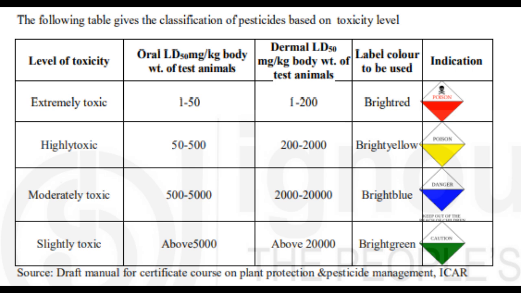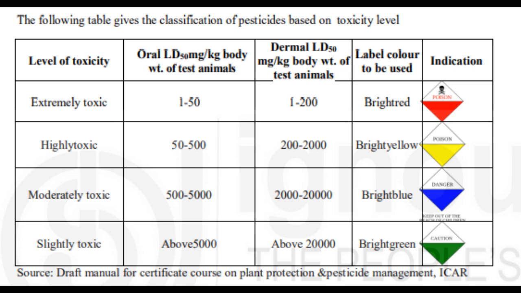Natural organics in pesticides are compounds derived from natural sources that are used to control pests. These substances are often extracted from plants or microorganisms.